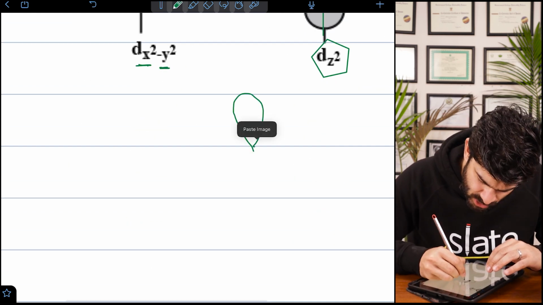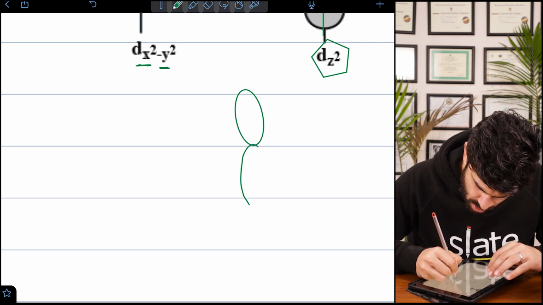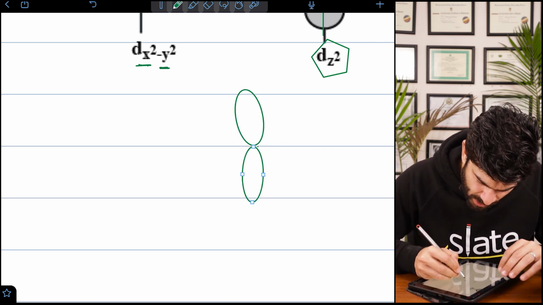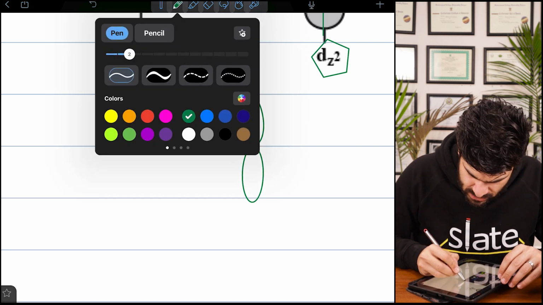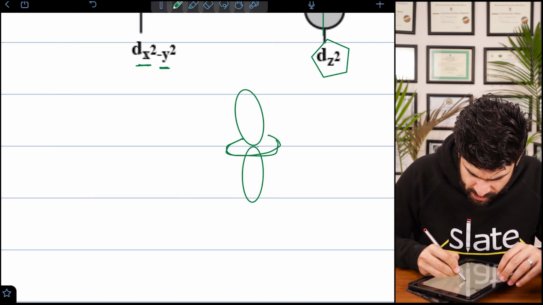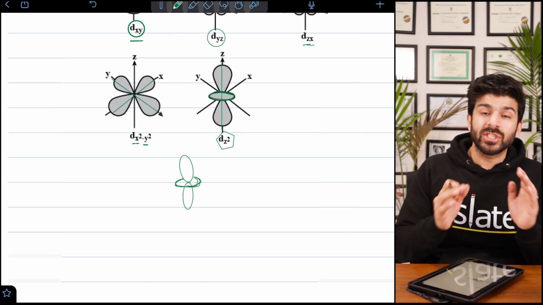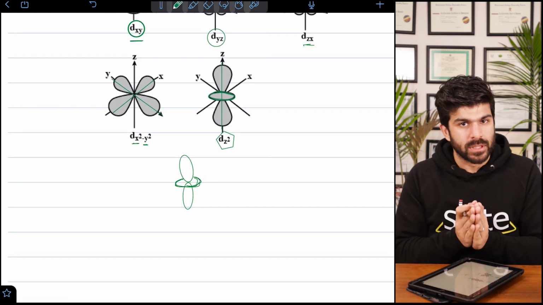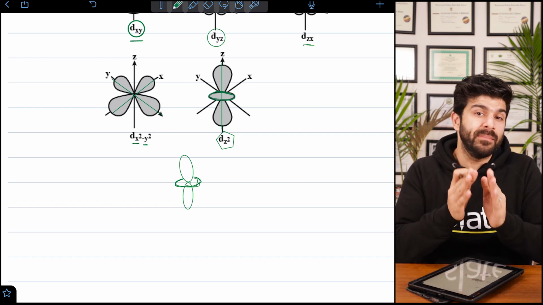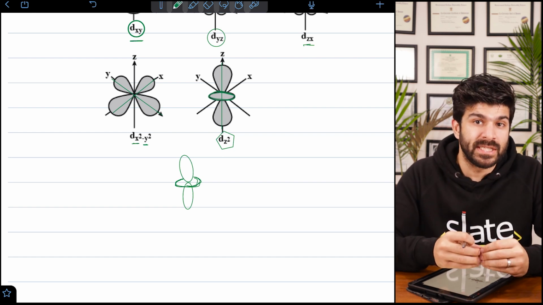You can either draw it this way as well: if this is one lobe, there is a ring, just a ring around it. That's the z-axis. So students, these are the shapes of d orbitals, and they give them their unique chemical properties.